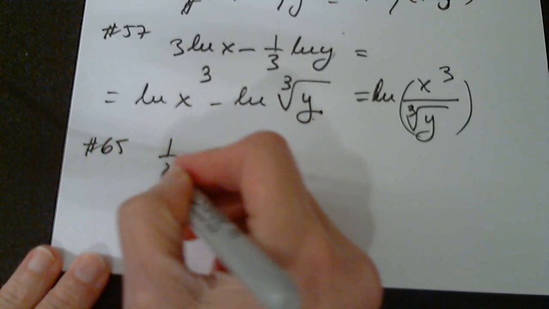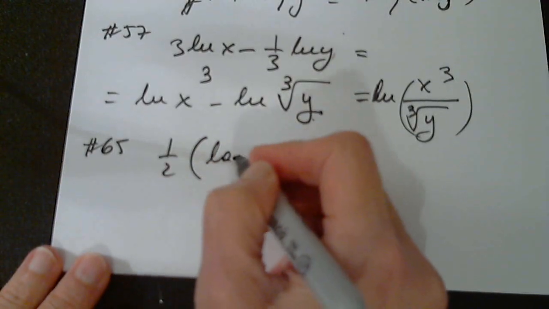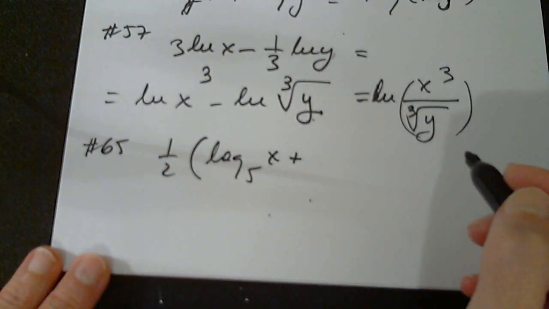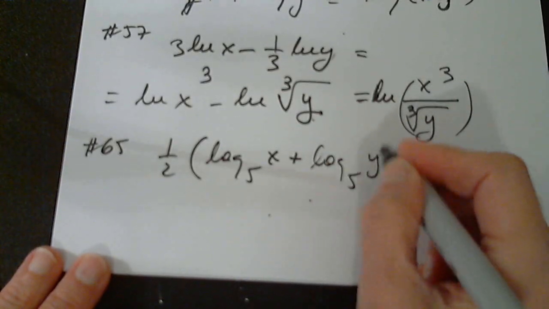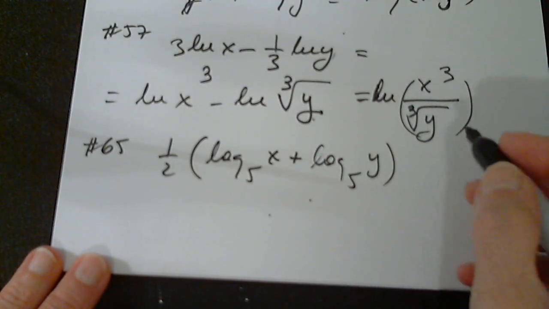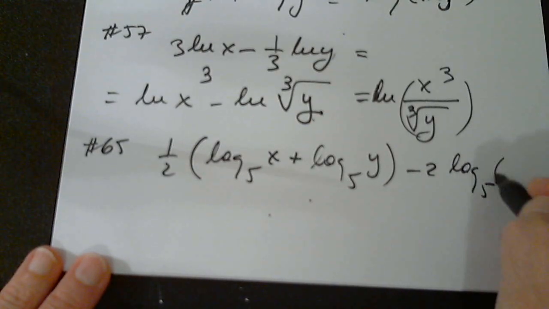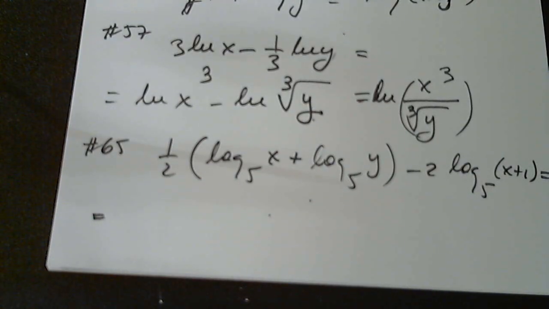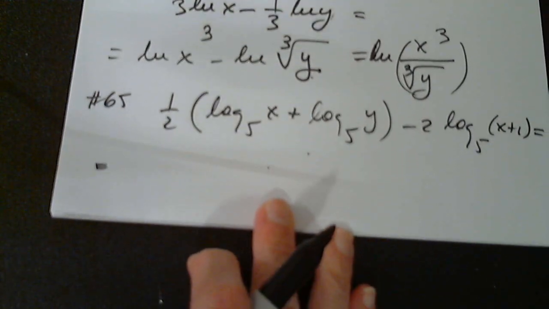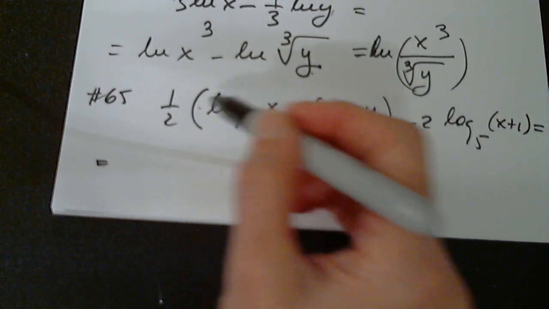65, 1/2 log base 5 of x plus log base 5 of y, minus 2 log base 5 of x plus 1. Perfect pick. Good. So of course, in parentheses, I have a sum. They have coefficient 1.